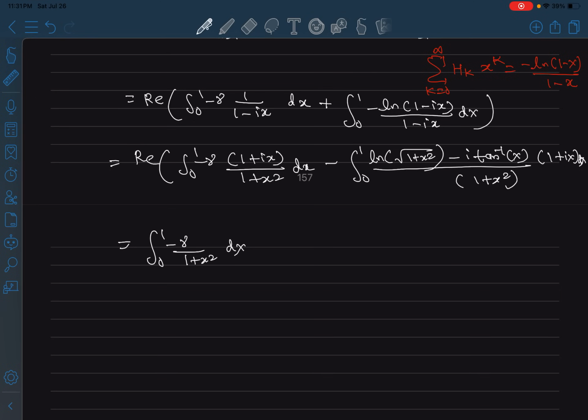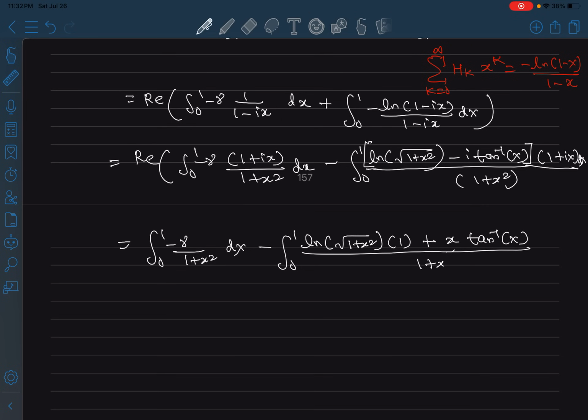So now in this product of this log of something minus i, all the real terms that I get is basically the product of two real terms with one, and the product of two imaginary terms, which is basically there will be a plus now because of i, and then x tan inverse x. Okay, so that's the thing. And 1 plus x squared dx. So this is the real part.